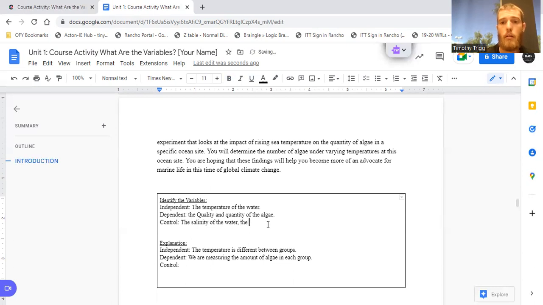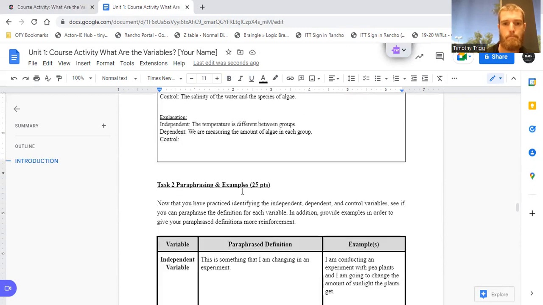The species of algae, right? We'll just say and here. So the salinity of the water and the species of algae. So what makes this control is, well, this needs to stay the same between groups. So I want you to state that there.